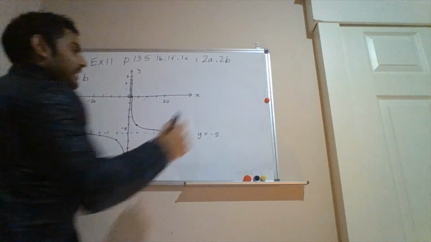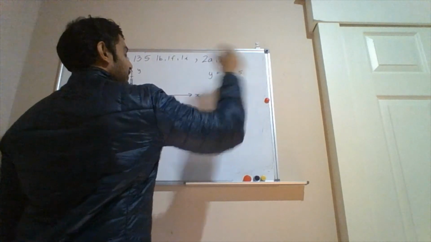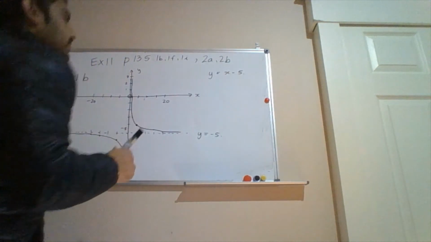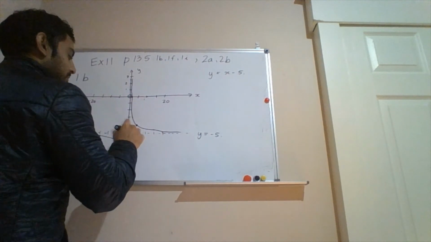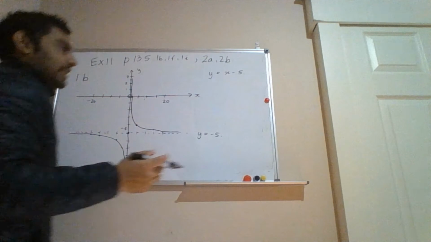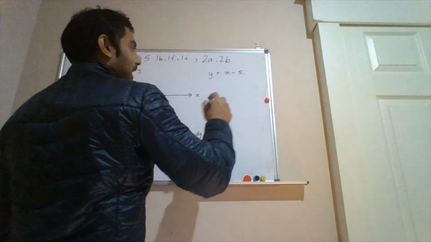Okay, so our straight line graph has the equation y equals x minus 5. So the y-intercept is a value of -5, so I'm going to put a little dot there. And if we're trying to find our x-intercept, once again we make y 0.